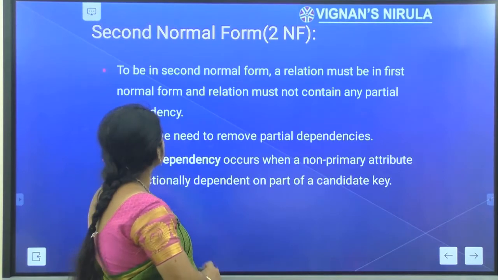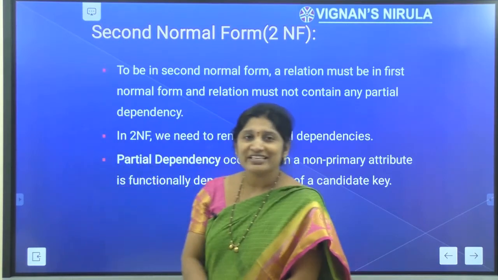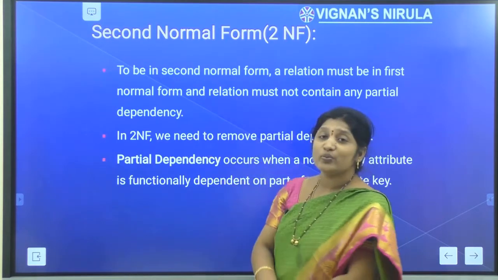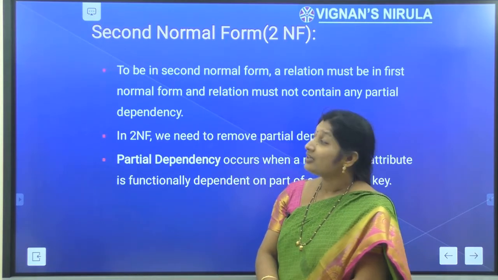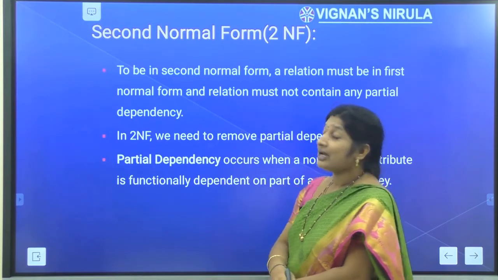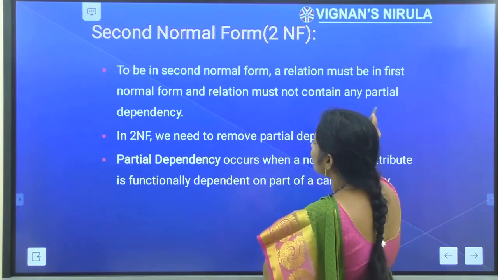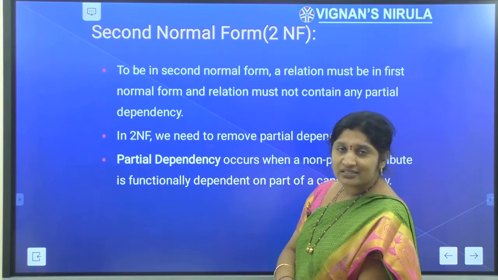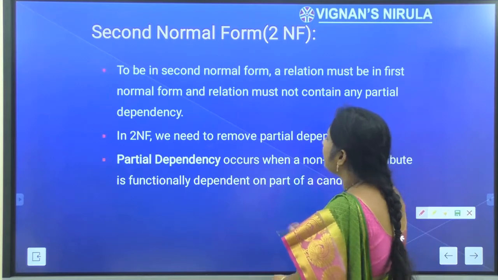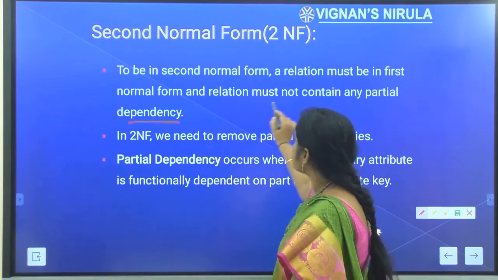Coming to the second normal form, what the second normal form says is, a relation is said to be in 2NF if and only if it is in 1NF, and the second rule is it should not contain any partial dependencies.